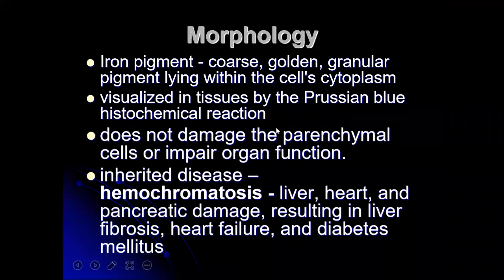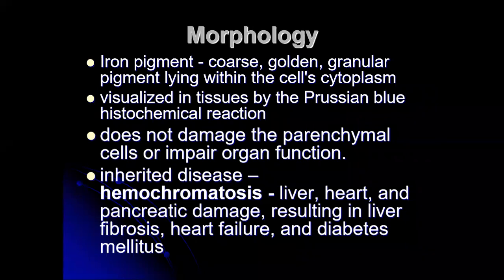Normally, this excess iron does not cause parenchymal damage or impaired function. But when you find excessive hemosiderin coming together in big clumps, this condition is referred to as hemochromatosis. It's an inherited disorder where there's excess iron absorption.